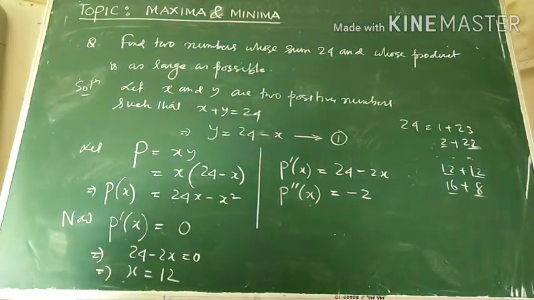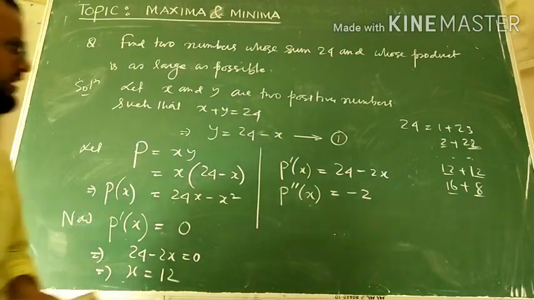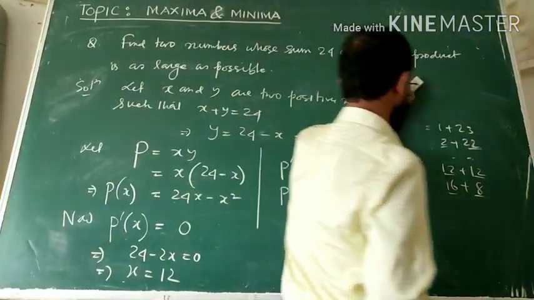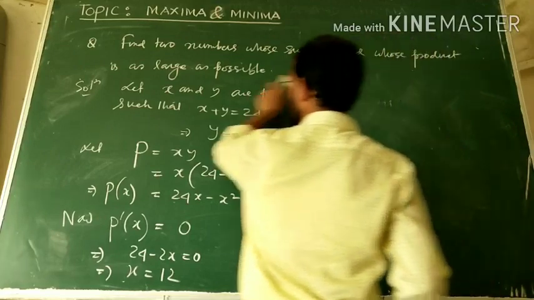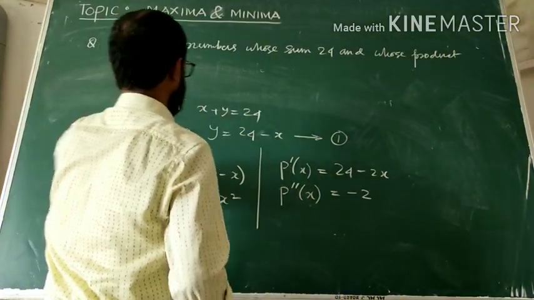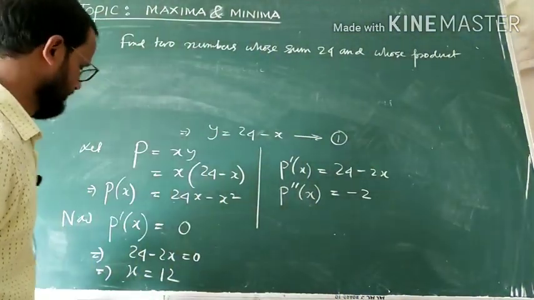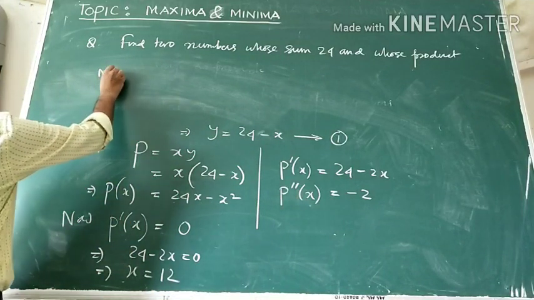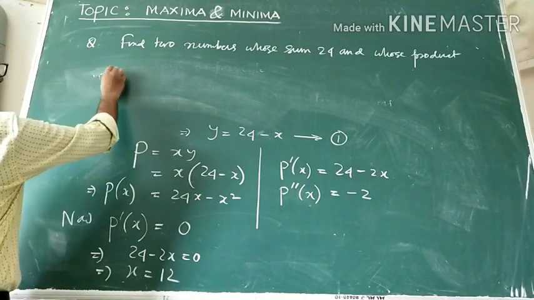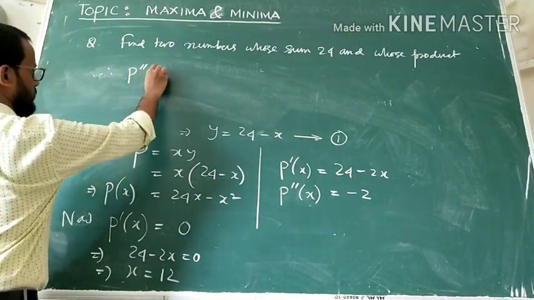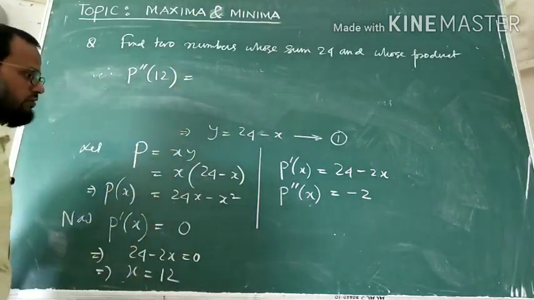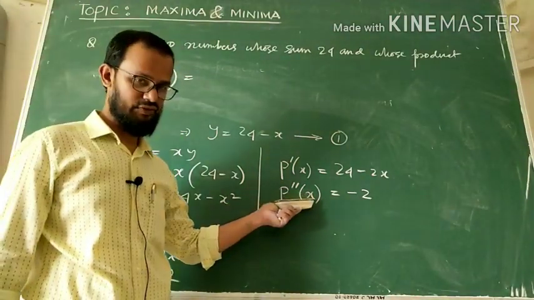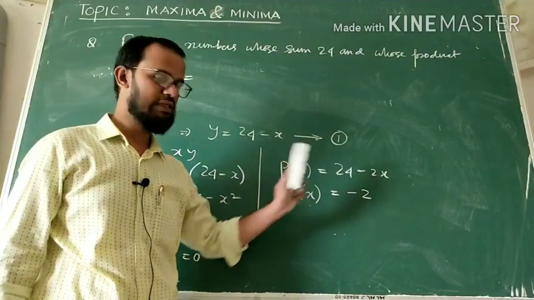This is the only critical point. Now you are going to check second order derivative. Therefore p double dash at 12. You know p double dash x for every x, the result is always minus 2.